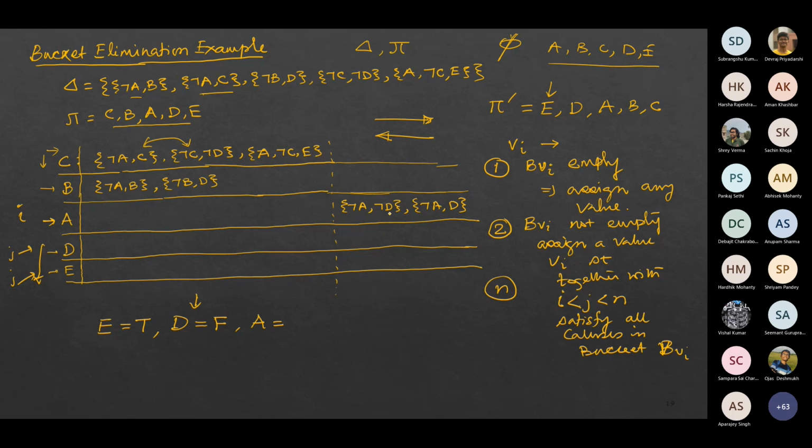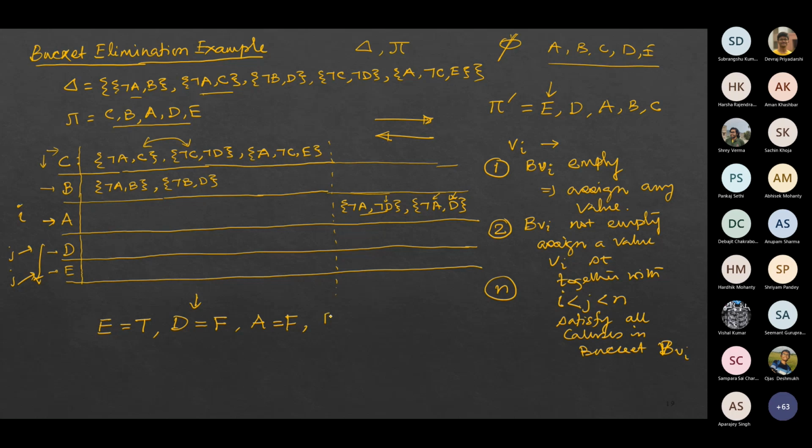As we place F here, this literal becomes true, so this clause will in any case be true irrespective of the value we assign to A. Now look at this. If we assign false to D, this becomes false. In order to make it true, I have to assign false to A. So the only assignment that I can make for A is false, given that we have assigned T to E and F to D, right?